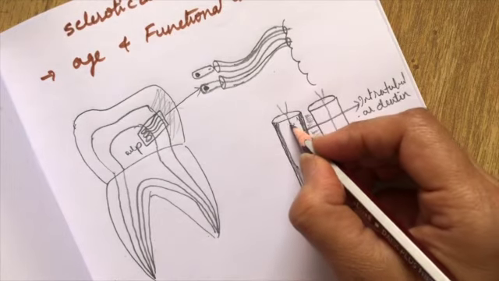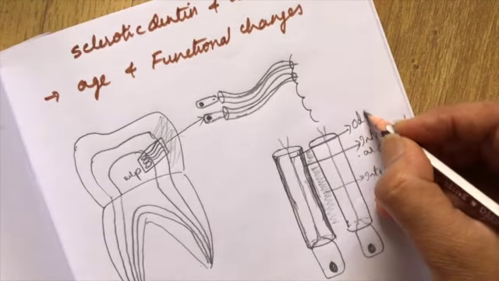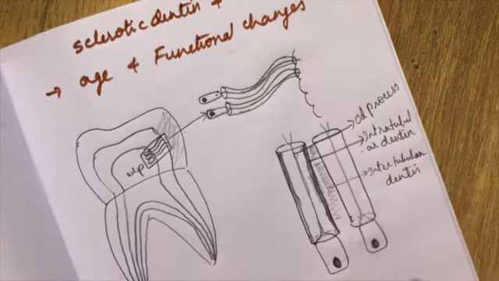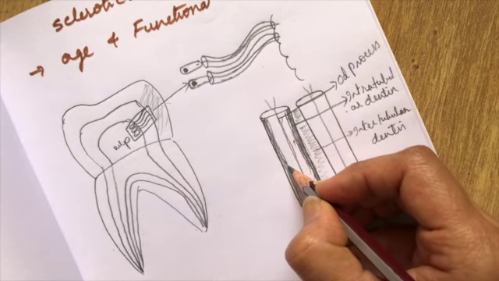Now, coming back to the inside components of the dentinal tubule, that is intratubular dentin, and then we have, of course, the odontoblastic process. Then we have a thin membrane, an organic sheath.